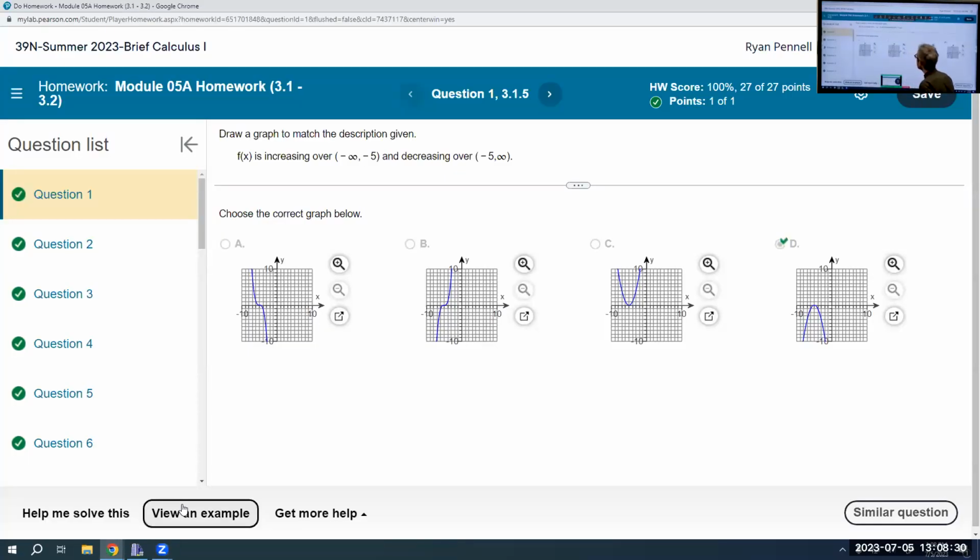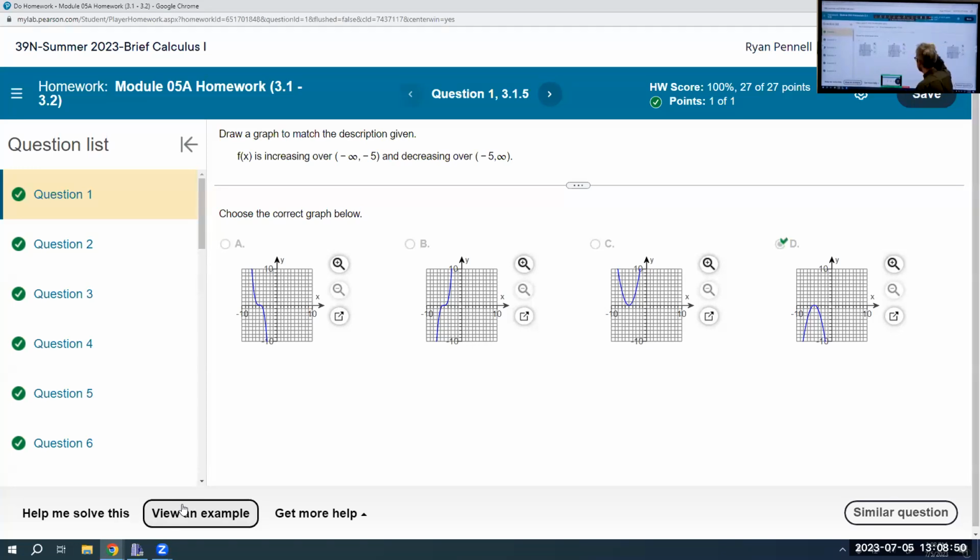Okay. Number 1 says draw a graph to match the description given. F of x is increasing from negative infinity to -5 and decreasing over -5 to infinity. Okay. This is like algebra 2 stuff. So this is very basic.